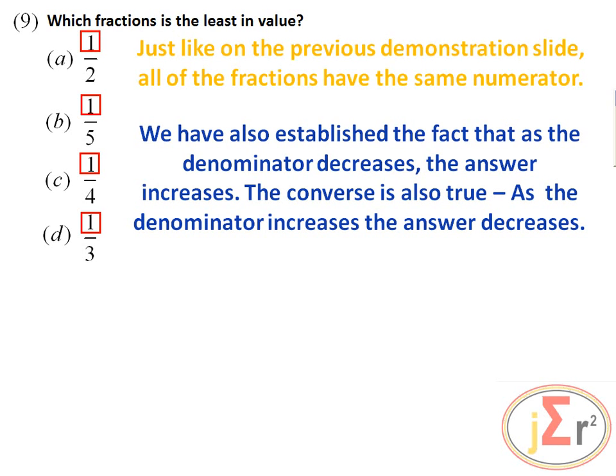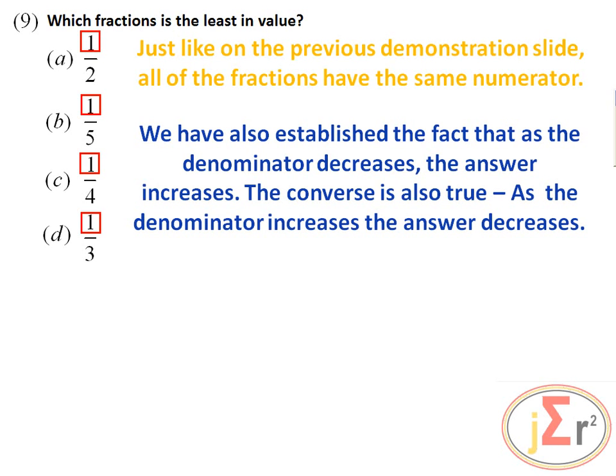Option B will have the smallest or be the least in value. Why will it be the least in value? Because we are dividing by the largest number. So when we are dividing by the largest number, the result will be the smallest, as long as the number that we are dividing into remains constant.